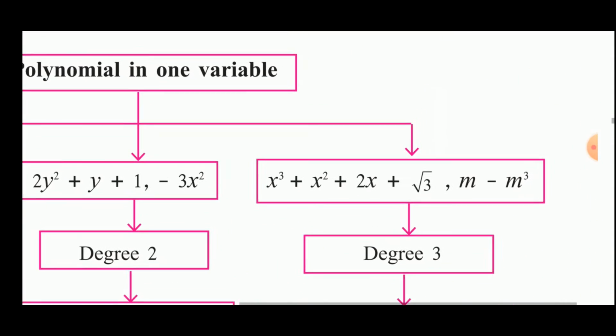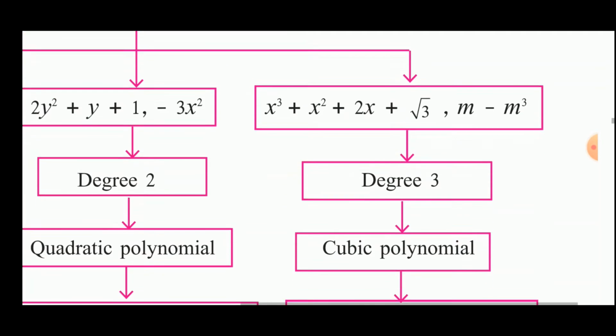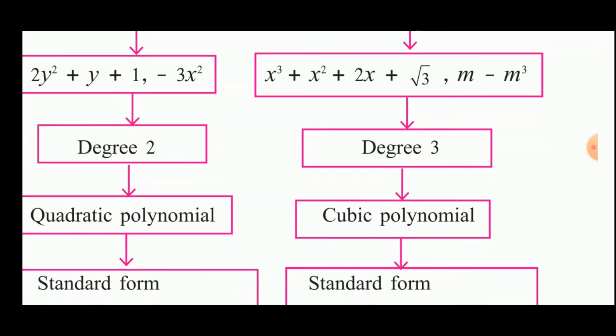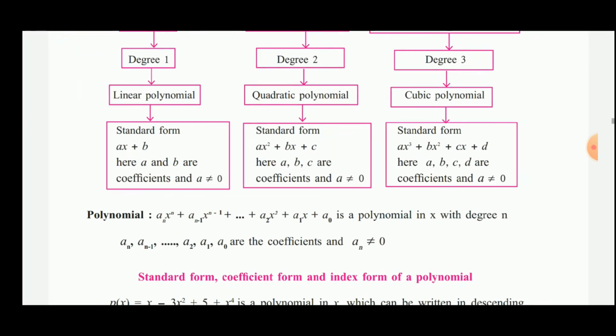Now consider this one: x cube plus x square plus 2x plus root 3, and m minus m cube. The degree of this is 3. So this is a cubic polynomial, and the standard form is ax cube plus bx square plus cx plus d, where a, b, c, d are coefficients and again a should not be equal to 0.